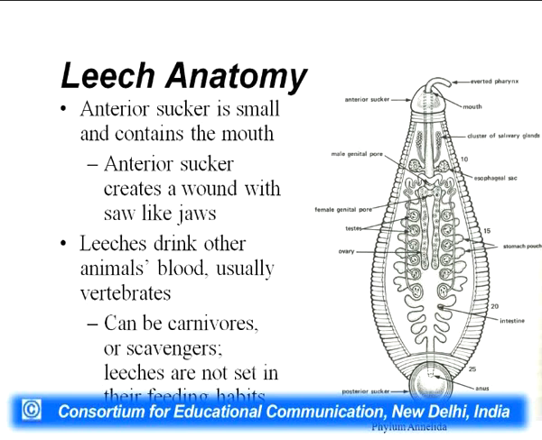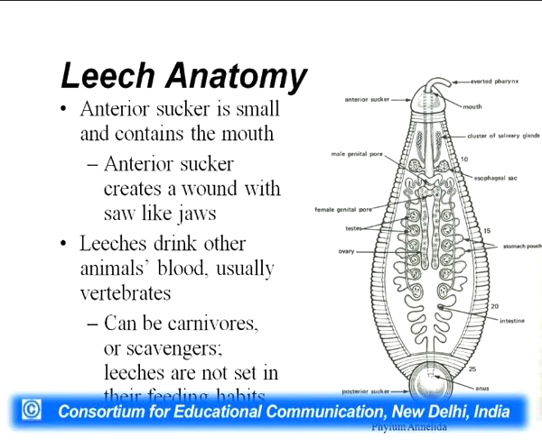We know that leeches are ectoparasites feeding on blood, and once they have a complete feed of blood, they can survive for months without any feeding. The blood which is taken in one meal is stored in the crop and the ceca of the crop.